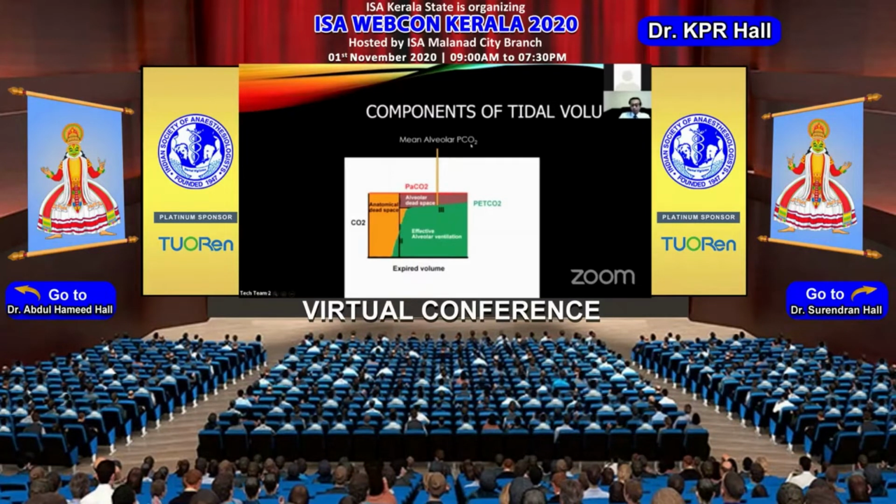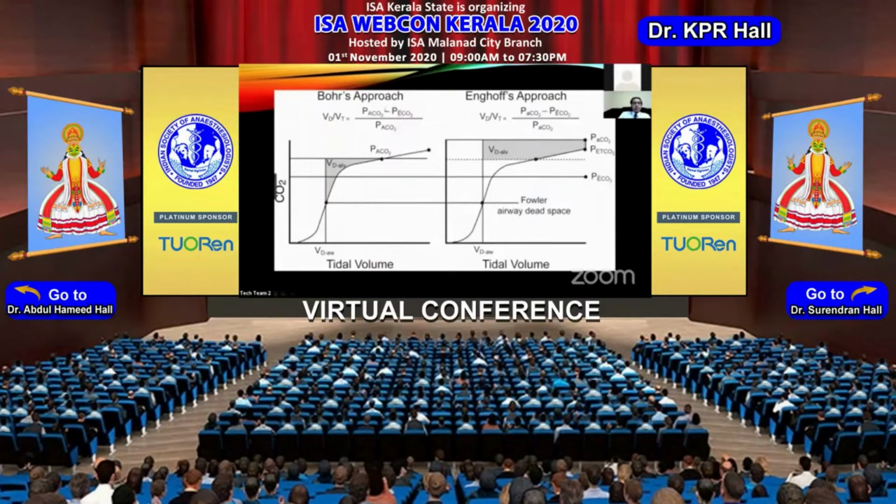Therefore, we are now in a position to determine the original Bohr's physiological dead space breath to breath during ventilation. Since Bohr's approach uses the alveolar PCO2, it is slightly smaller than Enghoff's approach, because it uses PaCO2. The arterial CO2 takes into effect not only the dead space, but effectively the shunt fraction also.